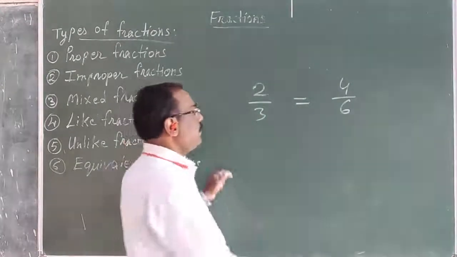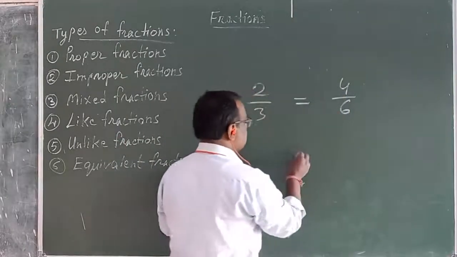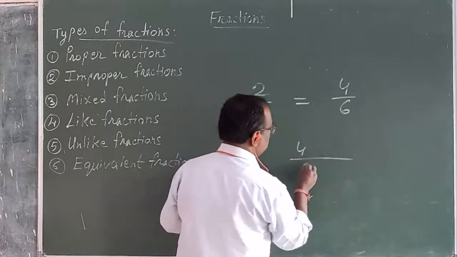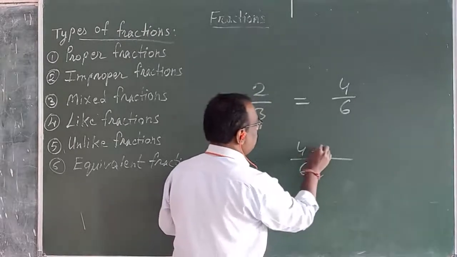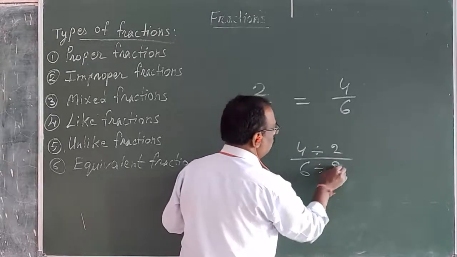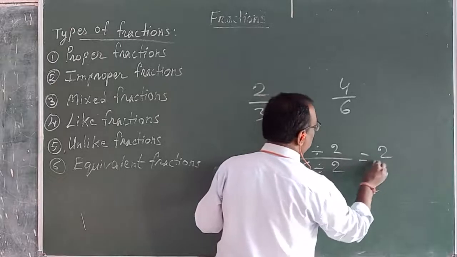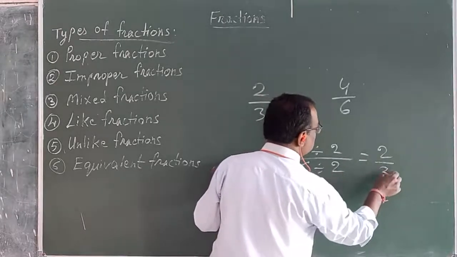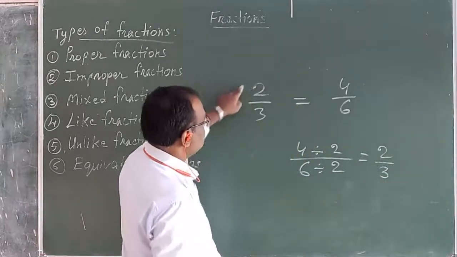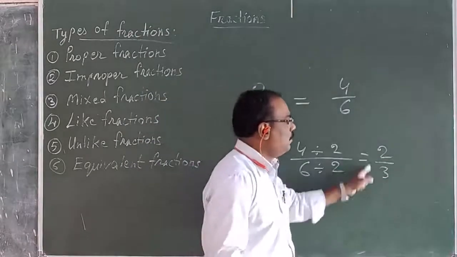Because if I divide this 4/6, I will show you, when I divide this 4/6 by 2, both the numbers by 2, numerator and denominator, 2 2s are 4, 2 3s are 6. Ultimately, I am getting the same answer, this 2/3, and here also I am getting 2/3.